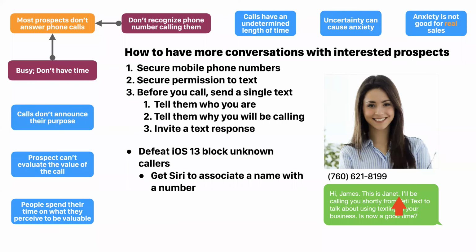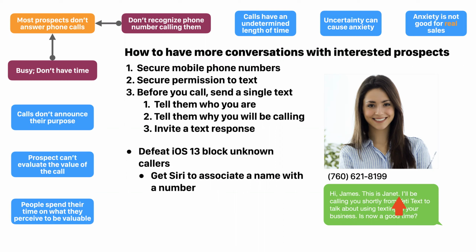Get Siri to associate the name with the number is the first thing you've got to do to overcome block unknown number. In order to do this, you have to deal with Siri, which anyone that has an iPhone knows Siri is extremely stupid. While it's a very useful tool in some respects, it is also very basic. And so after doing a ton of testing, what we found is in order to get Siri to associate a name with a number, you have to use almost just this sentence.